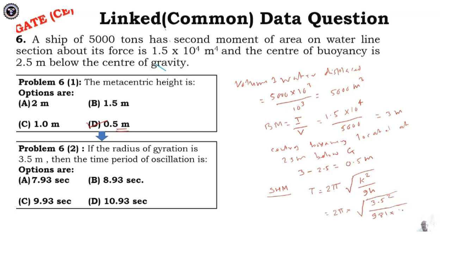So T is equal to 9.93 second. So option C is the correct option. Okay. So this is the solution to problem number 6.